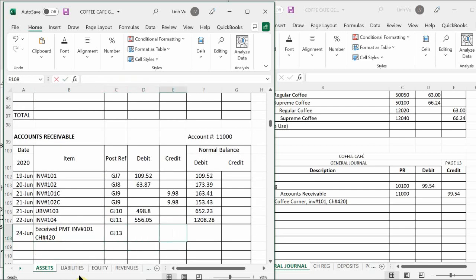That's going to decrease the accounts receivable by $99.54, leaving a remainder of $1108.74.